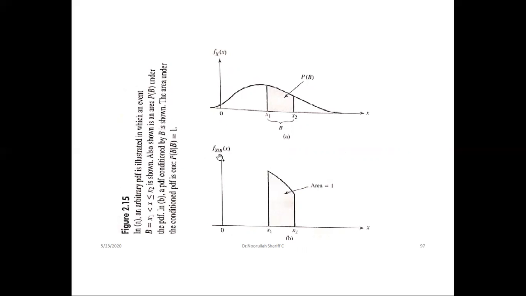The area under the probability density function should always be equal to 1. So that just means within the range, the height is going to increase, because in total the area should be equal to 1.